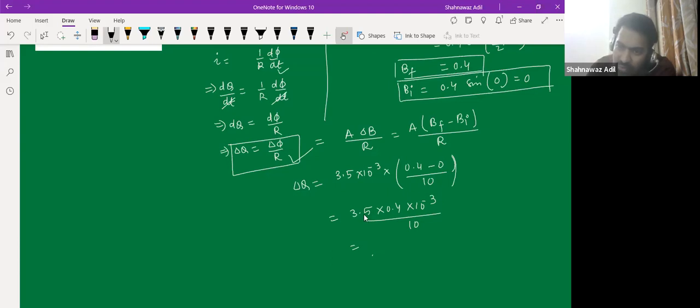So if we take this by 10, so this is how much? 4 fives are 20, 4 threes are 12 plus 2, 40 into 10 to the power minus 6. Right.